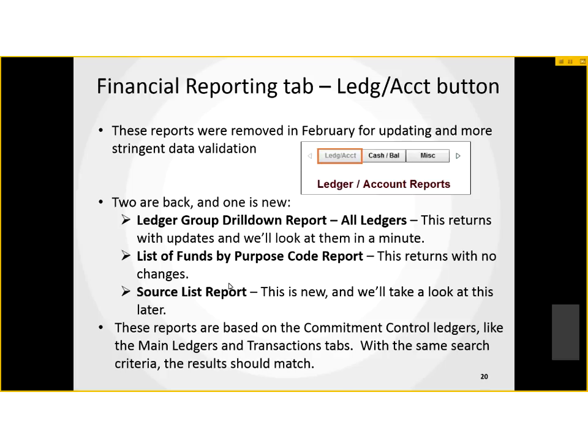Just to remind you what you're looking at when you look at the reports in this part of the SAS reports, the financial reporting: these reports are all based on the commitment control ledgers. The main ledgers and the transactions tabs in InfoPorte are also based on the commitment control ledgers.